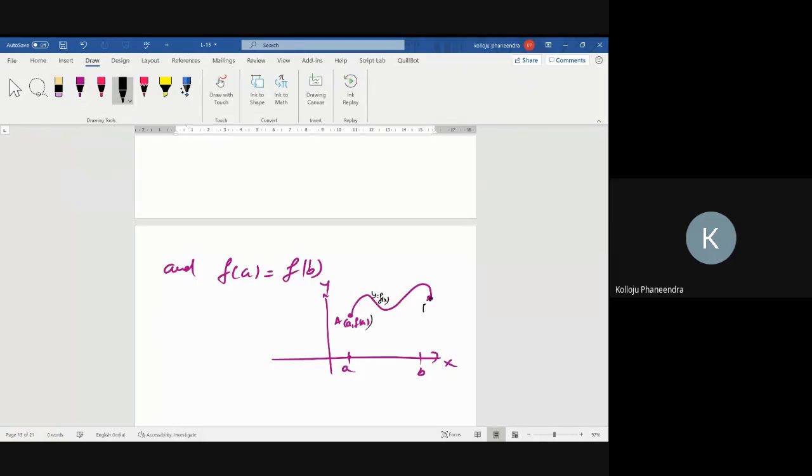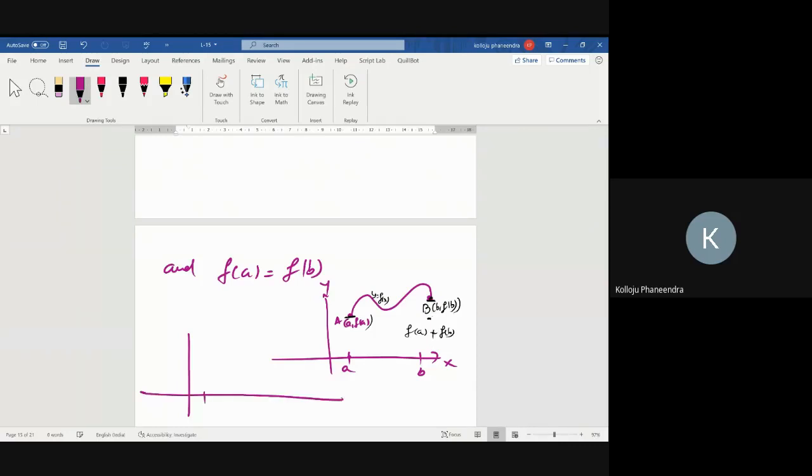Corresponding to this point, this is b comma f of b. Now, this is f of a and this is f of b. Clearly, both are not equal here. For f of a and f of b to be equal, the curve must be at this position. So to get equal, what must be the shape of the curve?